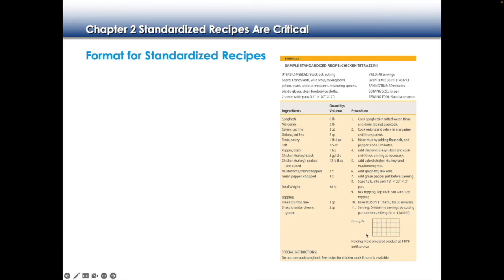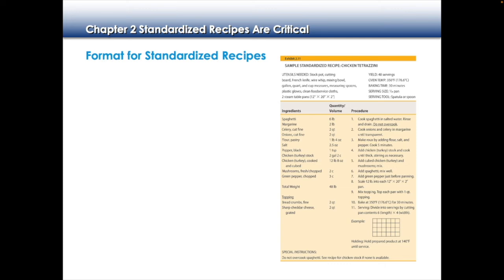One of the formats that we can use is this style of format. This is a sample standardized recipe. This is called a simple format, and it has all the particulars that we need for this recipe. It tells us the name of the item, what utensils we need, and the yield of the items.